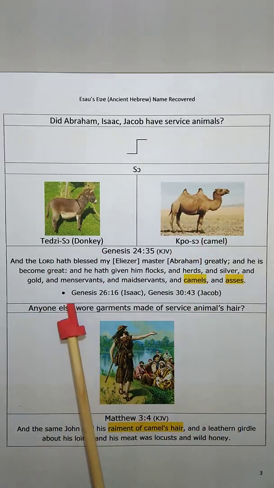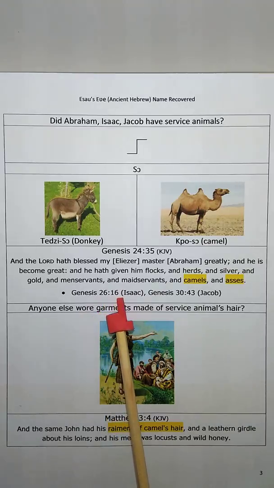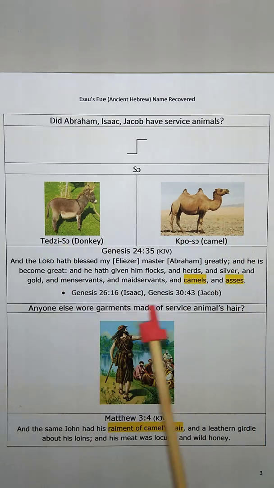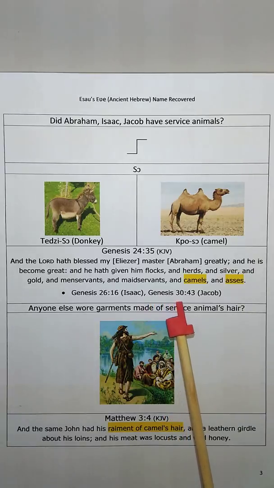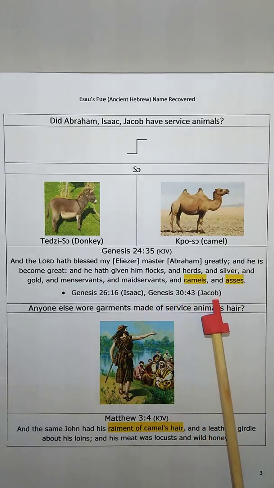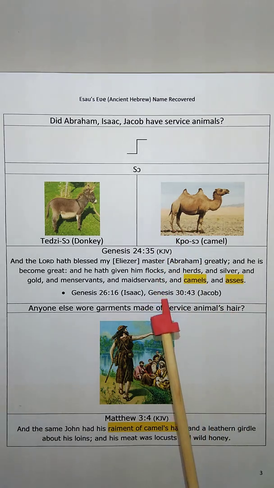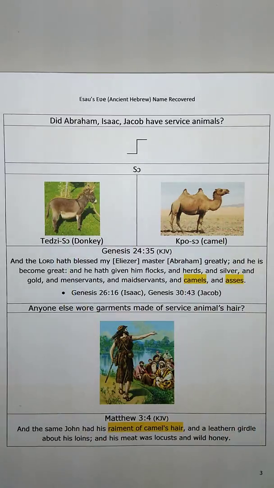And in Genesis 26, verse 16, Isaac also was mentioned to have these animals in multitude, and also in Genesis 30, verse 43, Jacob is said to possess these task animals.